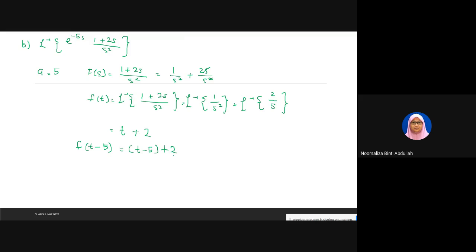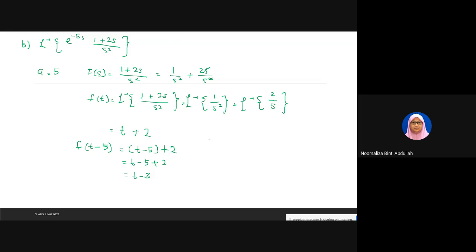Faham? Yang ada T saja yang minus 5. Okay. You simplify this one. T minus 5 plus 2. Therefore, equals to minus 5 plus 2 equals to minus 3.